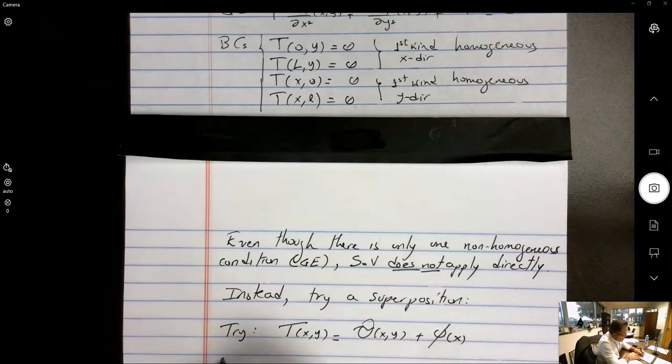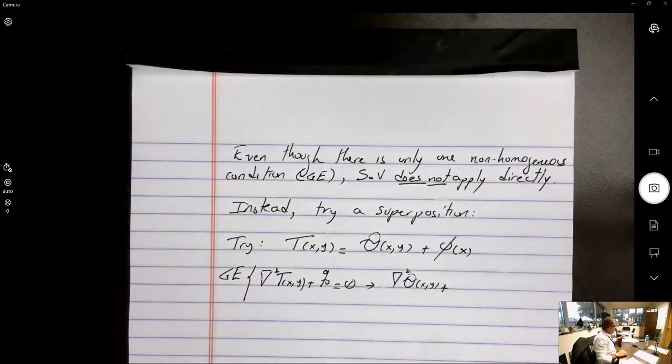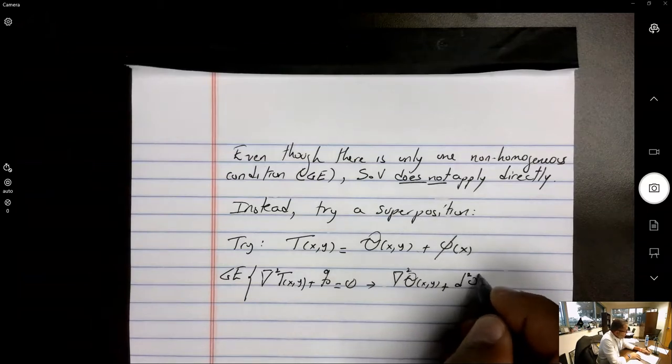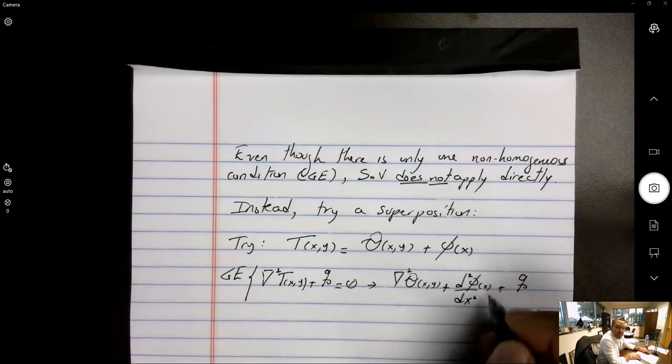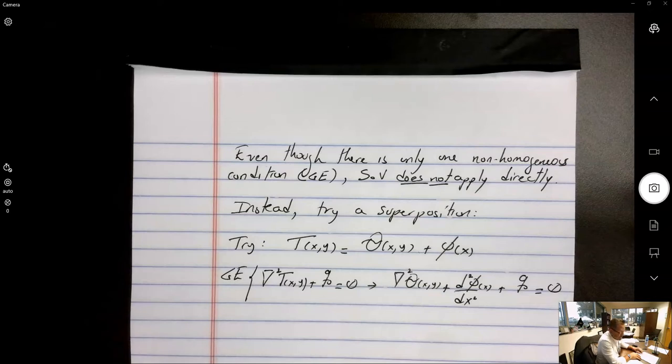So, the governing equation, which used to be the Laplace of T plus Q0 is equal to 0, is now the Laplace of theta plus the Laplace of phi, but since phi is only a function of a single variable, Laplace doesn't make any sense. It's just simply the second derivative of phi with respect to x squared plus Q0. So this is equivalent to the Laplace of phi because phi is a function of a single variable. So this is a new governing equation.